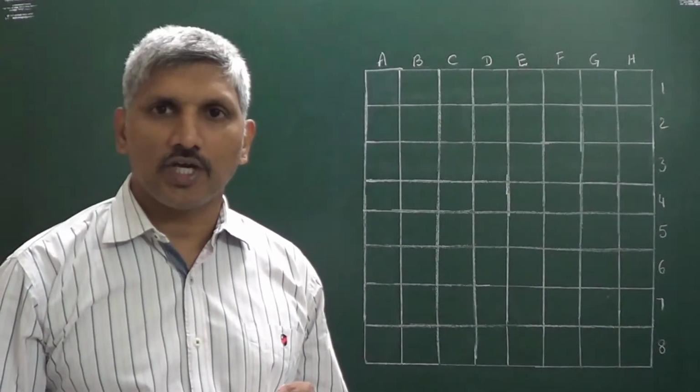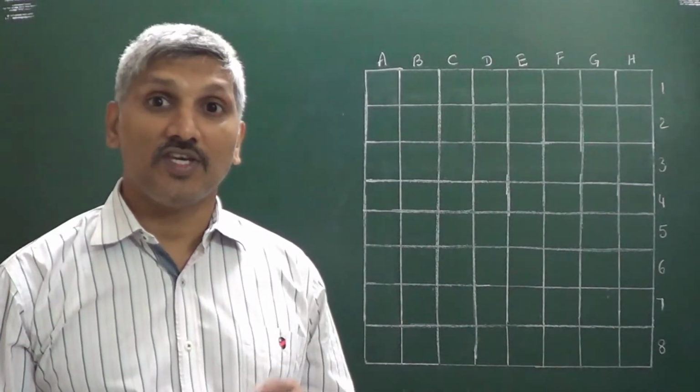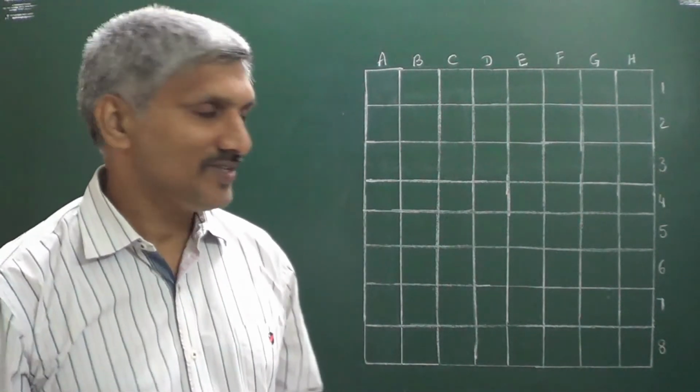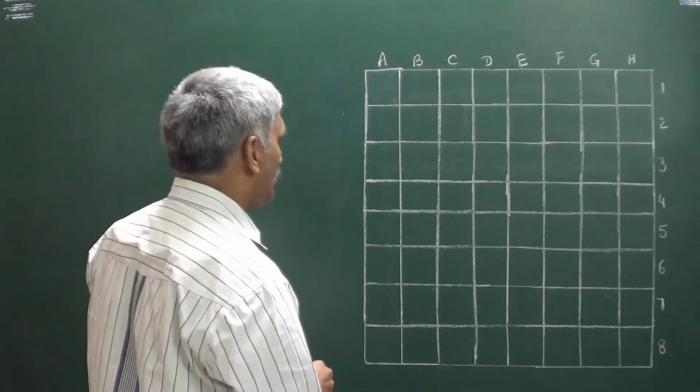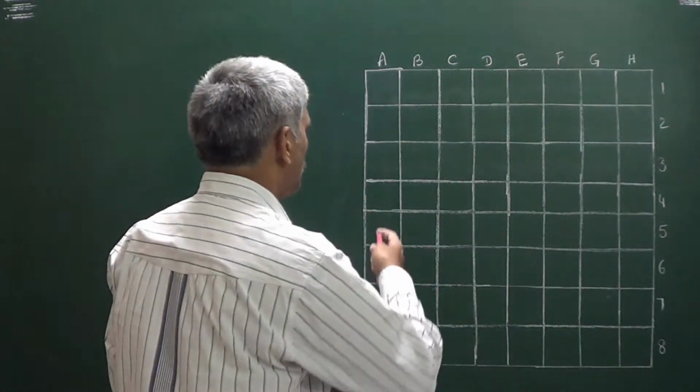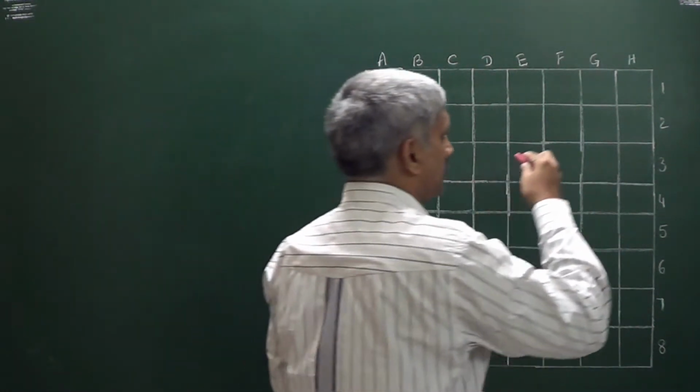Now the present question is the number of ways of selecting 3 squares if they lie along a common diagonal. Observe here, they have to lie along the common diagonal. This is the particular case I am taking.